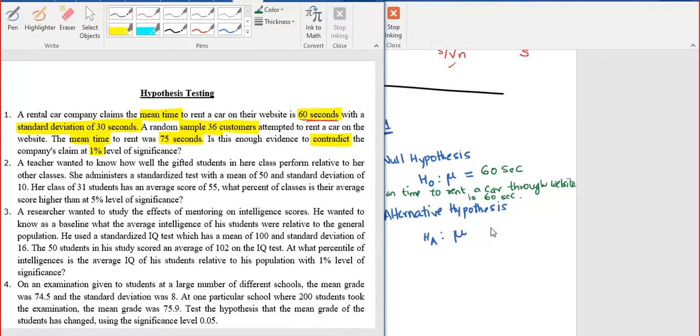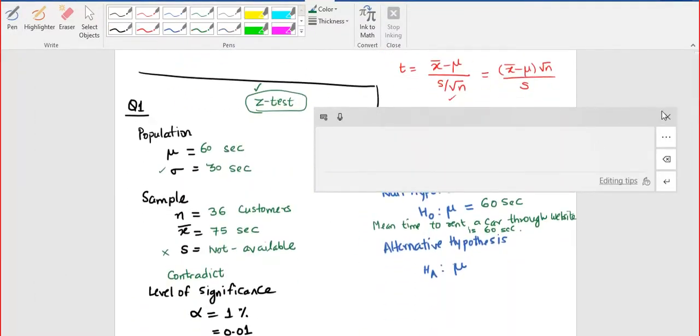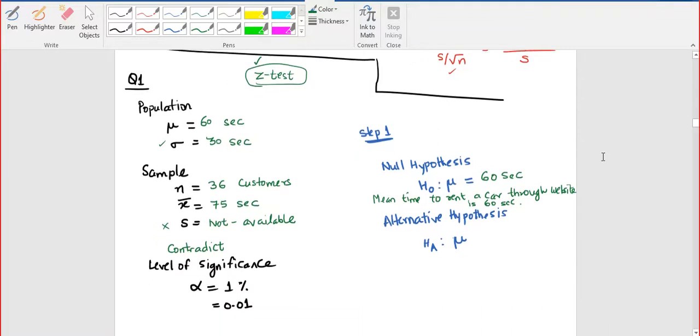We just want to check if it is enough to contradict or not. So we are not saying that it is going to take more than 60 seconds to rent a car, or less than 60 seconds, but we just want to say that it contradicts.